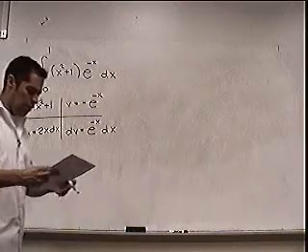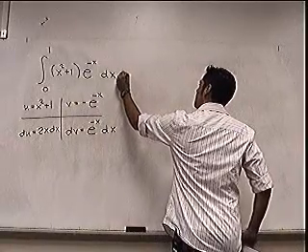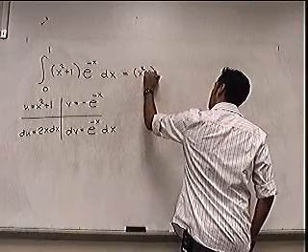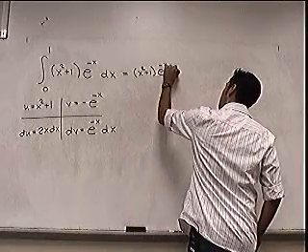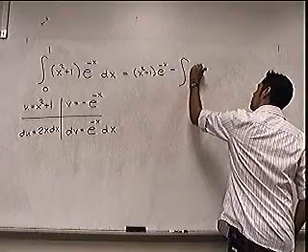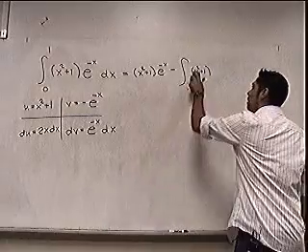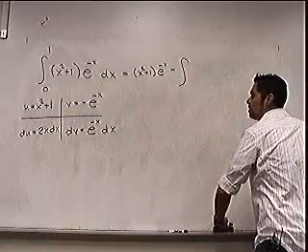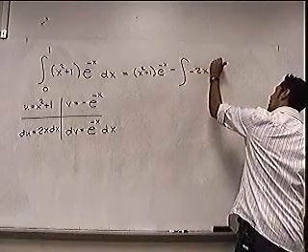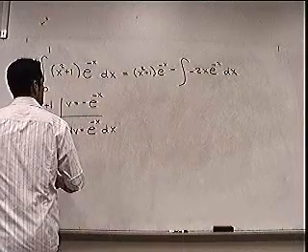So let's take a look at what this new integral becomes. This is equal to u times v, x squared plus 1 e to the negative x, minus the integral of v du, which is negative 2x e to the negative x dx. Did you forget the negative in front of the e? I think I did, right here.